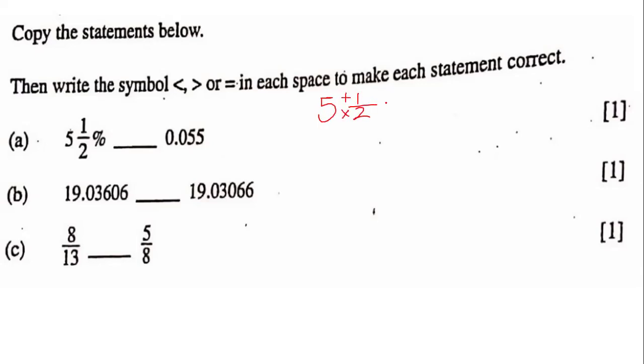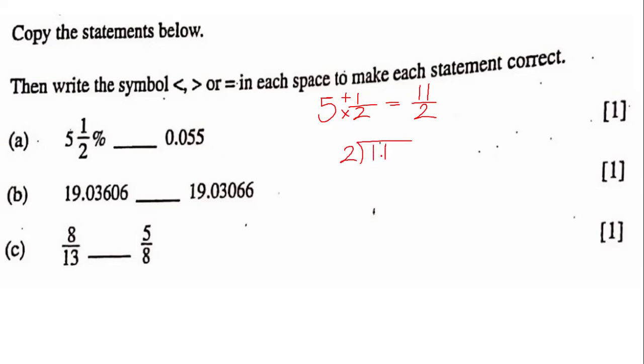It's gonna be equal to 5 times 2 is what? 5 times 2 is 10 plus 1. Plus 1 makes 11. So it's gonna be 11 over what? 2. 11 over 2. And we have to divide this, right? So 2 goes into 11 how many times? 5.